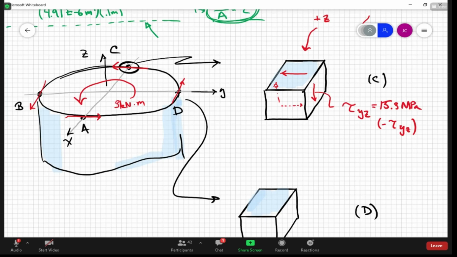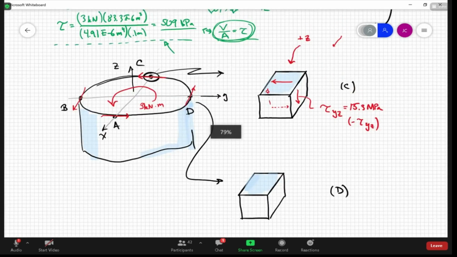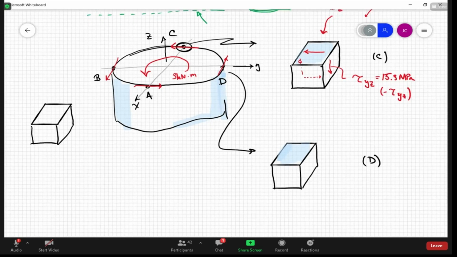All right. What is it doing on point D? What type of shear stress are we seeing at point D due to the torsion? There's a shear stress in the negative X direction.